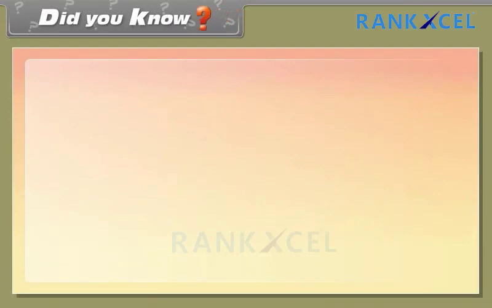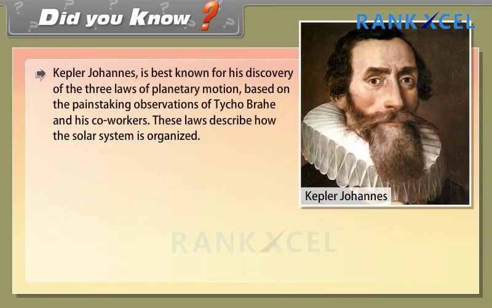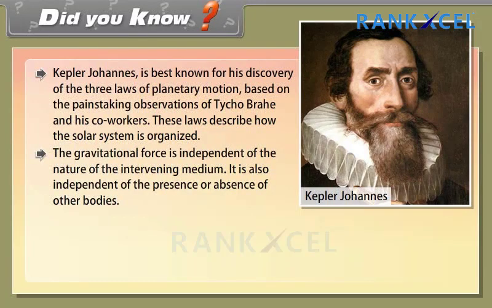Did you know? Johannes Kepler is best known for his discovery of the 3 laws of planetary motion, based on the painstaking observations of Tycho Brahe and his co-workers. These laws describe how the solar system is organized. The gravitational force is independent of the nature of the intervening medium.